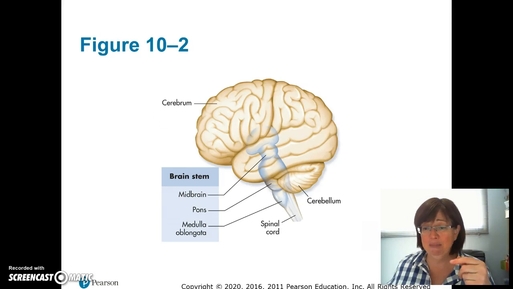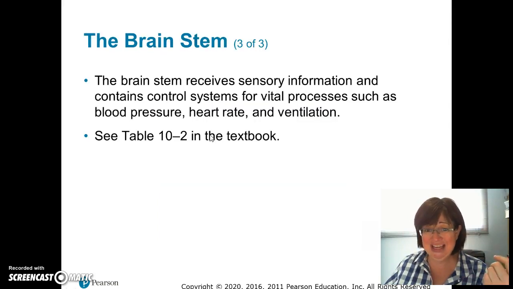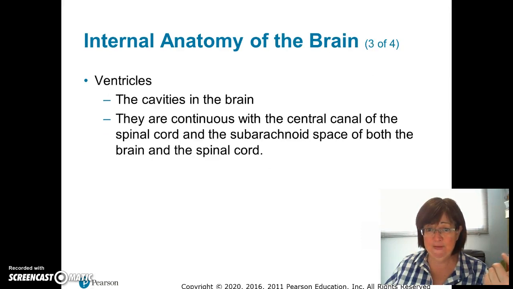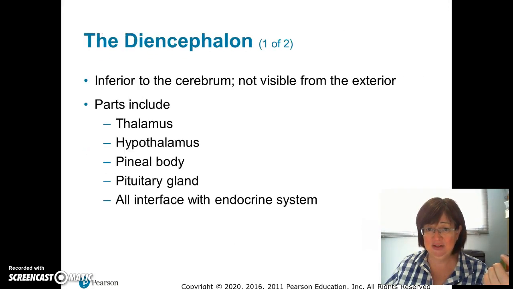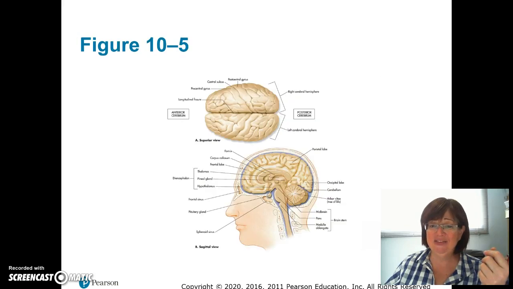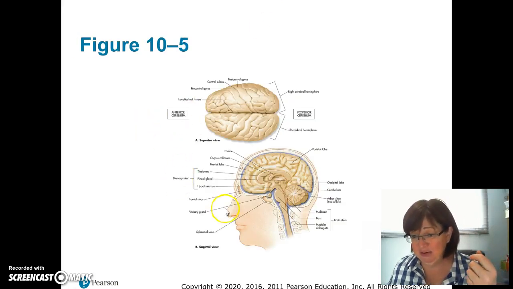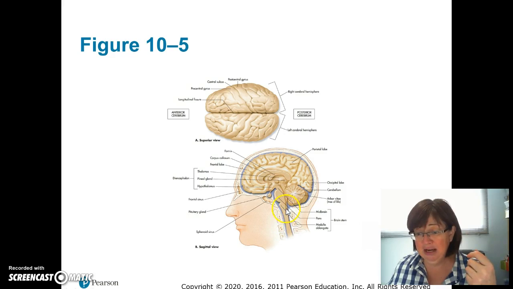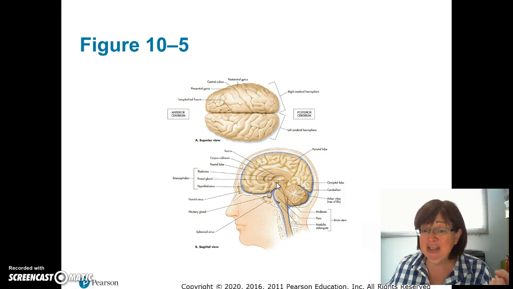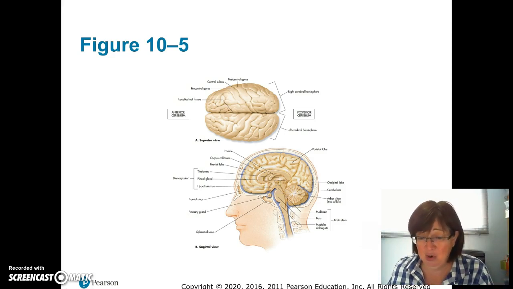Now, when it comes up, it goes to what's called the diencephalon. We'll come back to that. Let's go to the diencephalon first. The diencephalon is in the interior area. So here is our midbrain. It comes up, first bump medulla, second bump pons, little squiggly at the top. Then you have the area above it called the diencephalon. Di means 2, but even in your textbook they have 4 parts. The main ones are the thalamus, which is kind of the space here, and the hypothalamus, which is below it.